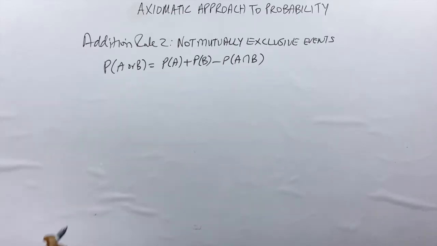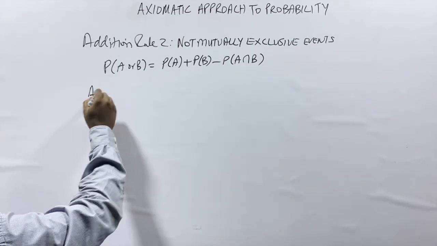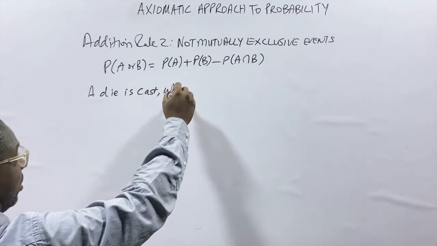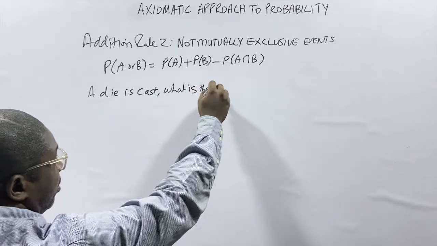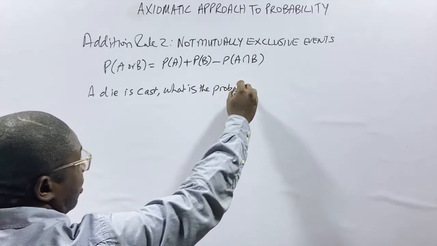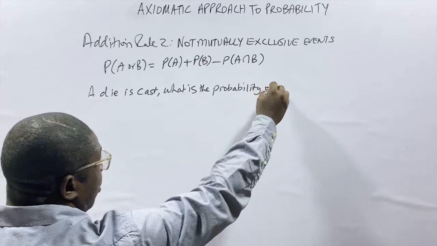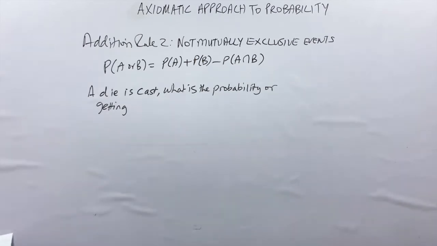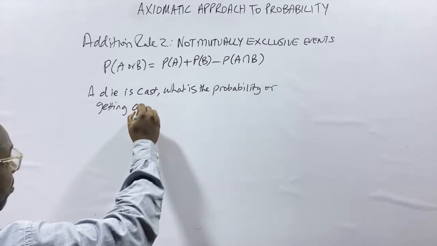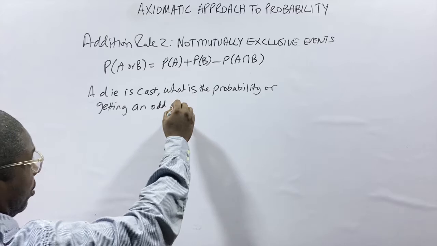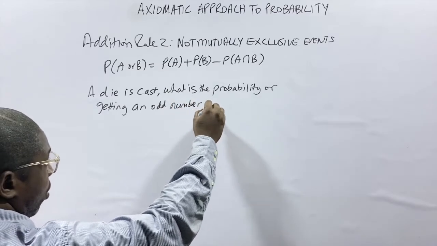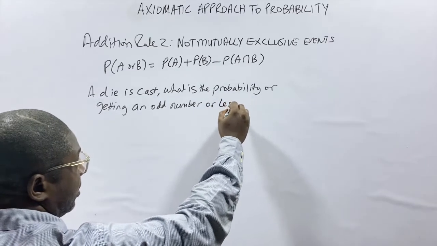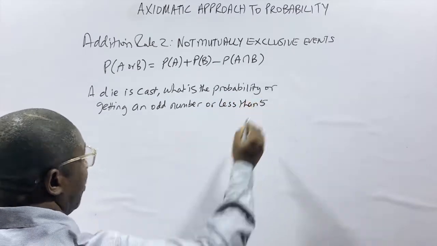We're told that a die is cast. What is the probability of getting an odd number or less than 5?